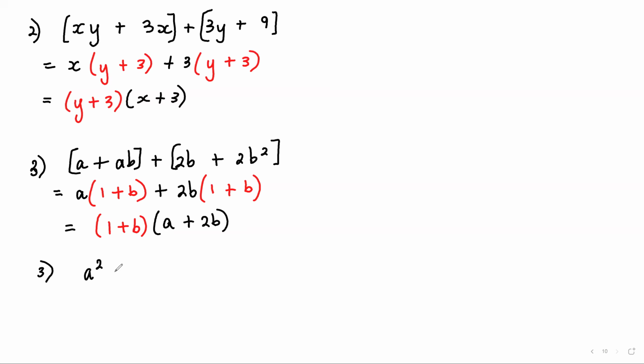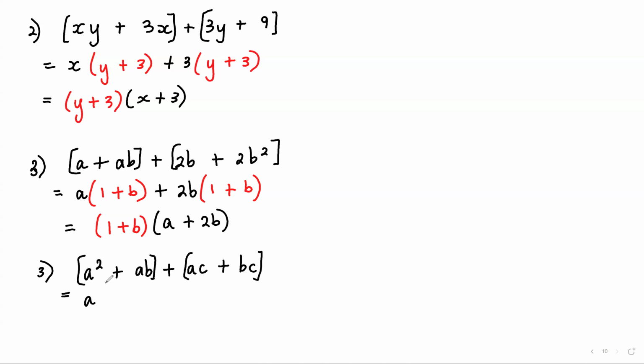a squared plus ab plus ac, sorry, plus bc. So again, it's already written in such a way that I could factorize by grouping without rearranging the expression. So the first one, between a squared and ab, a is the common factor.